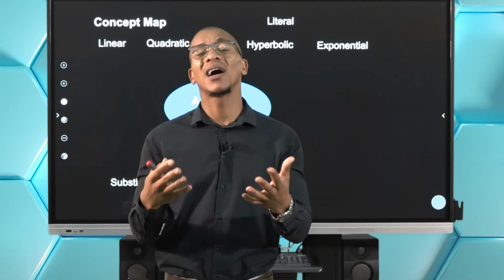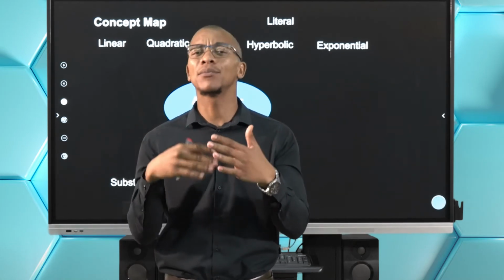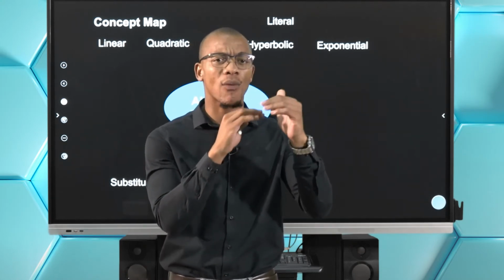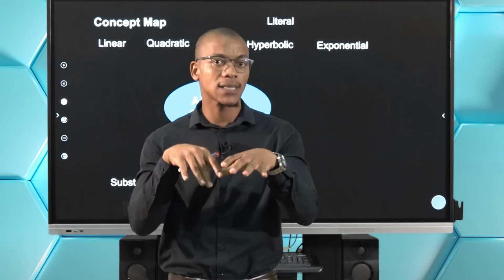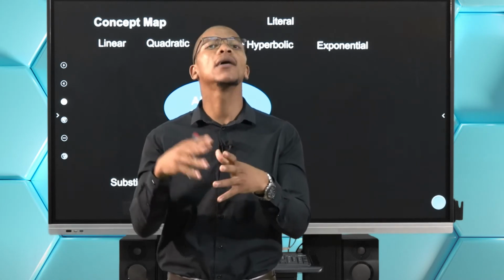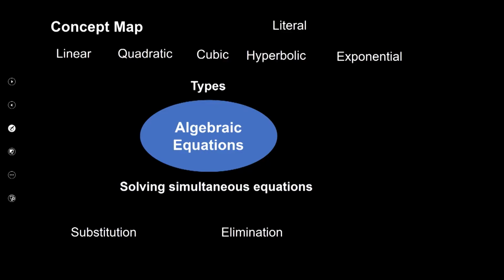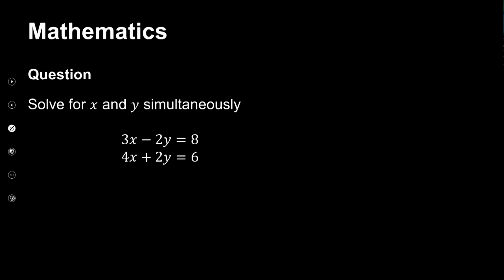So make sure that you do learn these properly. But for now, I'm going to take you through the examples. I'm not going to do them step by step, as I said, right? So I'm not going to write step 1, step 2. No, I'm just going to do it as one collective thing, but I will be showing you where what comes from. So let's just have a look at it together then. Now, the very first question, all the time they will say to you, solve for x and y simultaneously.